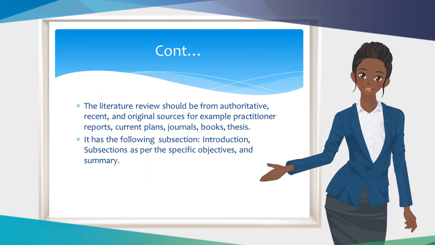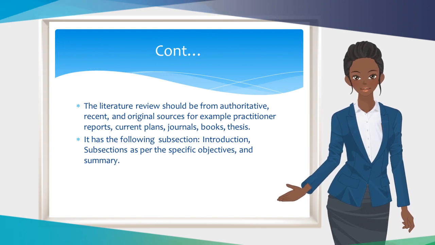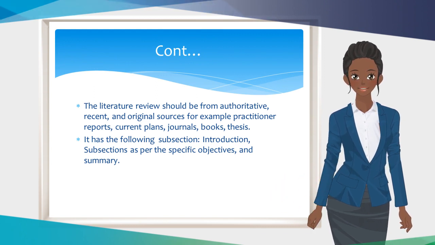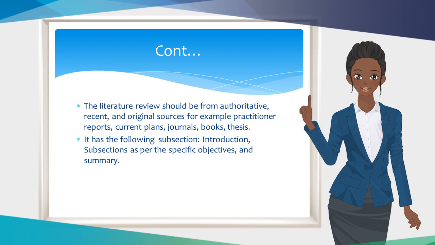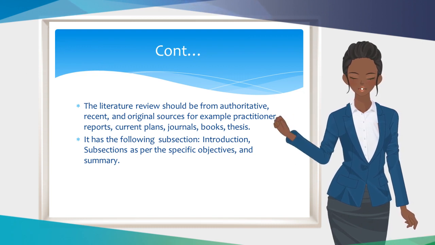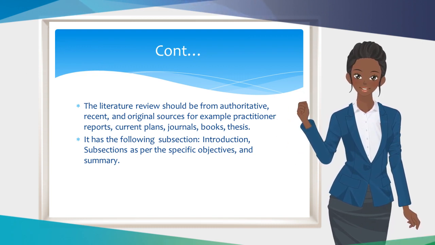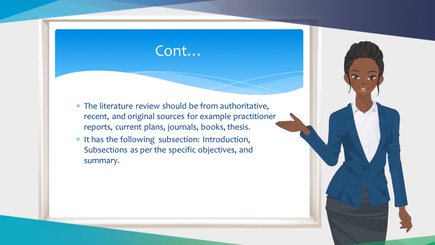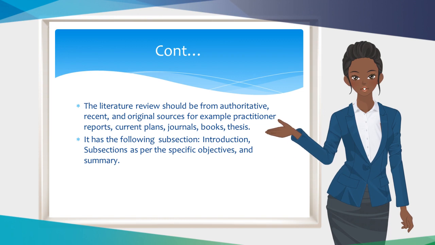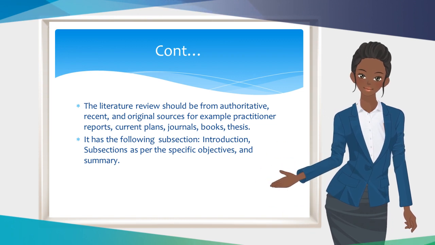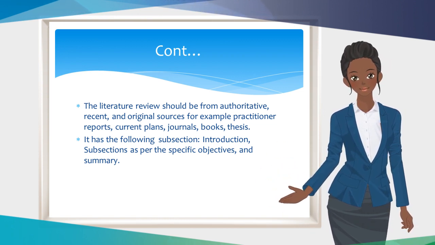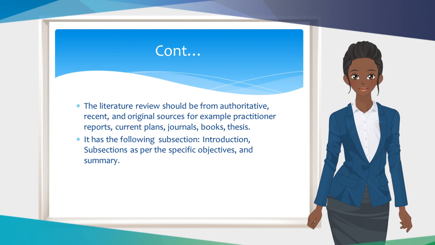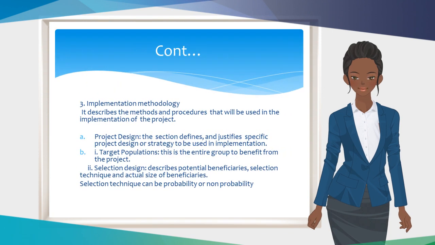The literature review should be from authoritative, recent, and original sources, for example, practitioner reports, current plans, journals, books, and thesis. This section has the following subsections: introduction, subsections as per the specific objectives, and summary.